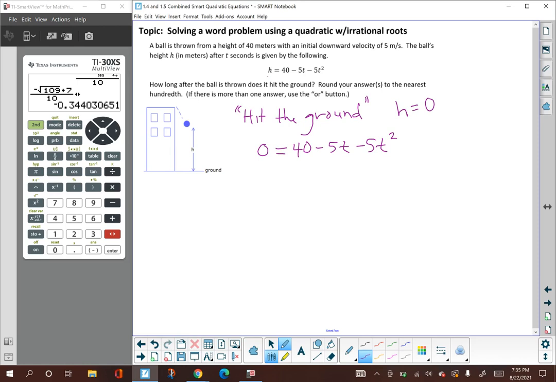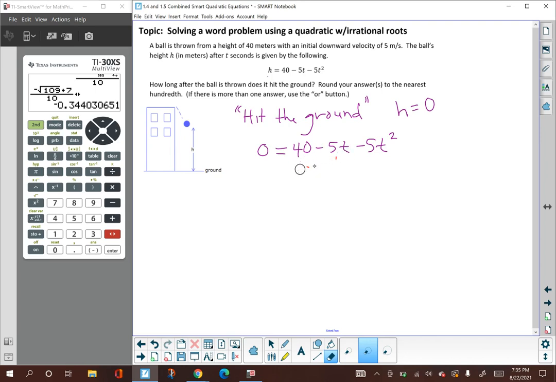It does tell us to round our answer to the nearest hundredth, and we're going to use the quadratic formula. It's possible one of these would come up factorable, but I think most of them required the quadratic formula. So something here that sometimes throws people for a loop is they might accidentally say, okay, here's A, B, C, without noticing that that is not in standard form.